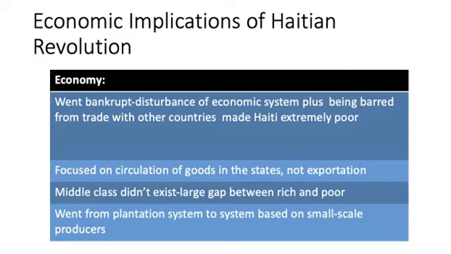And in addition to that, in order to keep the plantation system in check as much as possible, when Louverture ends up creating the Constitution for Haiti, he basically mandates that any former slave is going to be required to continue working on either small-scale farms or plantations, that agriculture is supposed to be the basis of their economy, and that people have to sign contracts and continue working on these plantations, or again, the more small-scale farms.